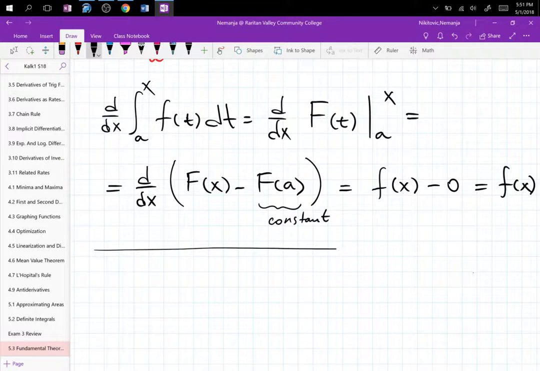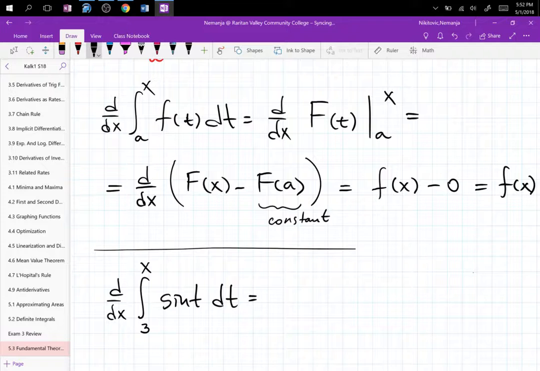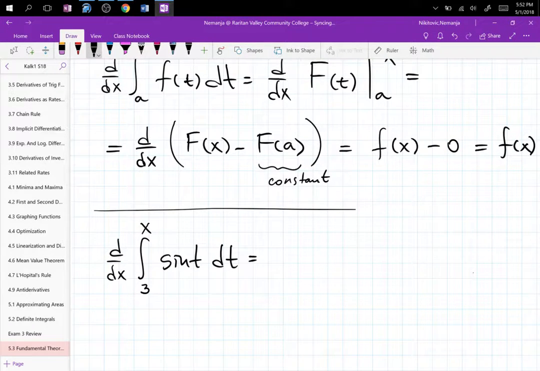So to apply this on a problem, we're going to take the derivative of the integral from some value. Let's go from 3 to x of sine t dt, by popular demand. So now we are taking the derivative of the integral of sine t.